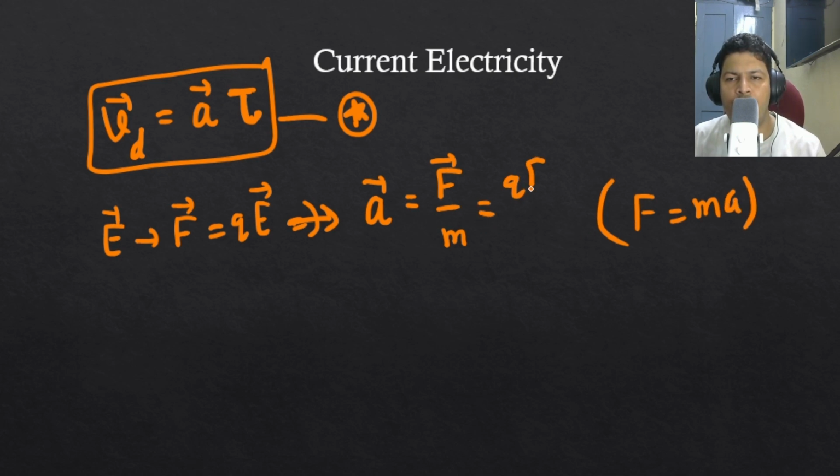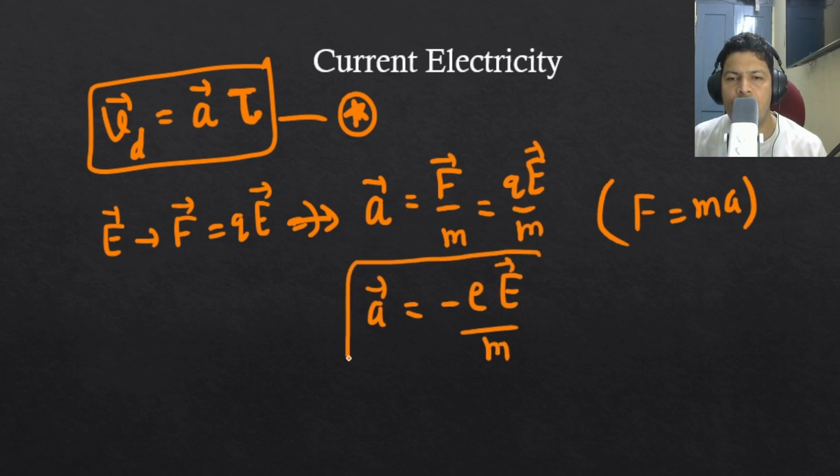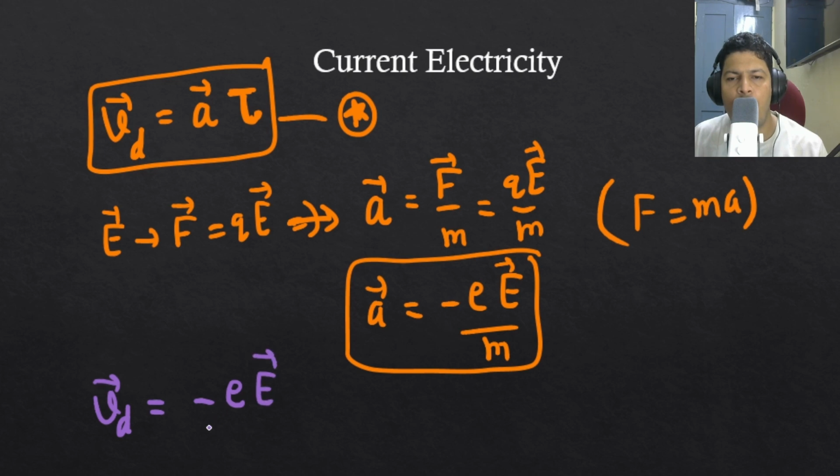F is QE, so QE by m. We are talking about electrons, so we'll write minus E, capital E, divided by m. This is the acceleration of the electron, and tau is the relaxation time. So the final drift velocity relation will be minus E, capital E over m, into tau. So now you know each and every term.